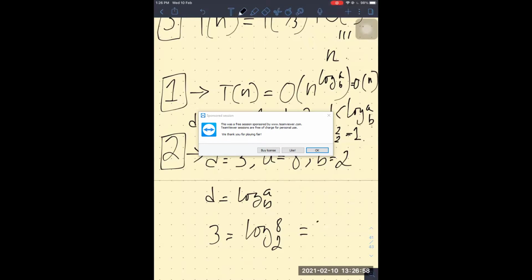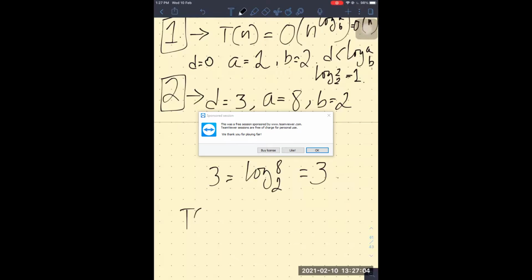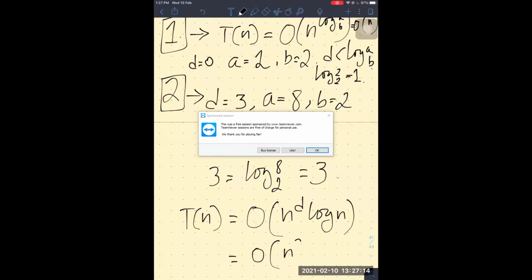It's 3. So the runtime for number 2 will be big O of n to the power d log n, which is equal to big O of n to the power 3 log n.